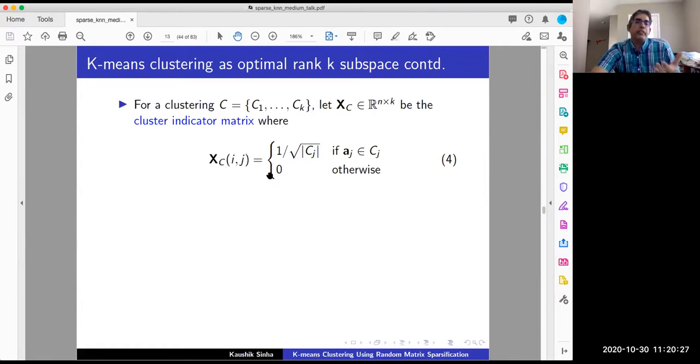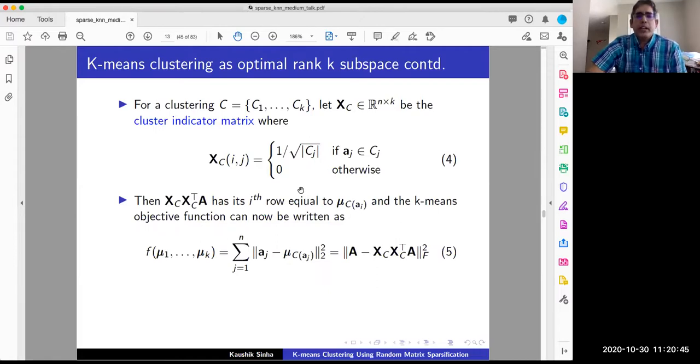So you can visualize each column as follows. If you take the jth column, it corresponds to which of the n entries are assigned to that cluster. Those corresponding entries will have a fixed value, which is 1 over the square root of |C_j|. All other entries will be 0.